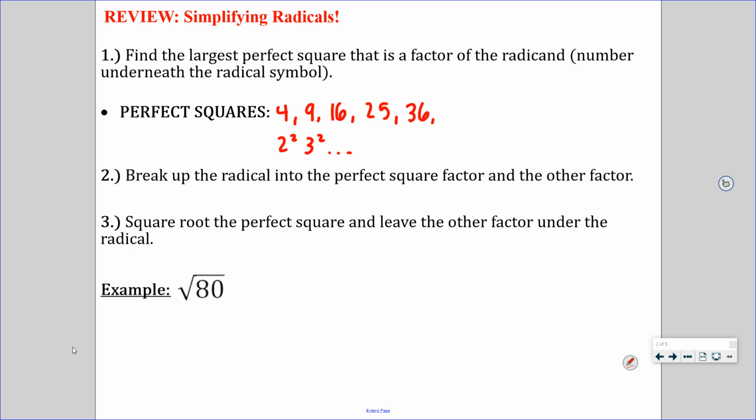What's the next one? 49. 7 times 7 is 49. 64. 8 squared. 9 squared, 81. 10 squared? 100. 11 squared? 121. 12 squared? 144. 13 squared? 169. All right, that's good for now. Good job.